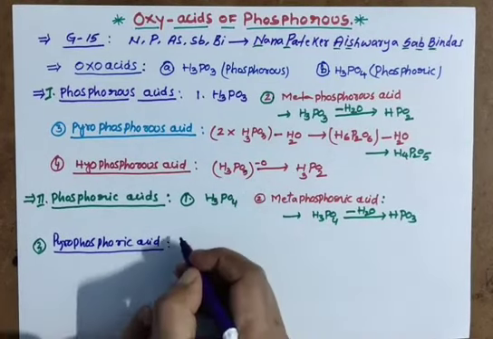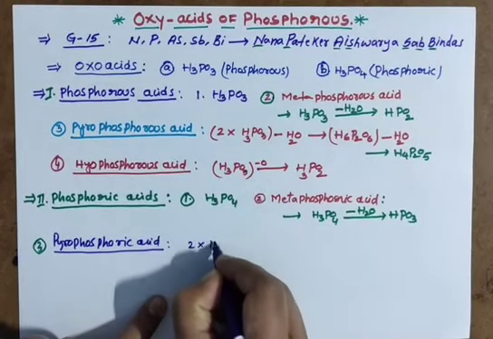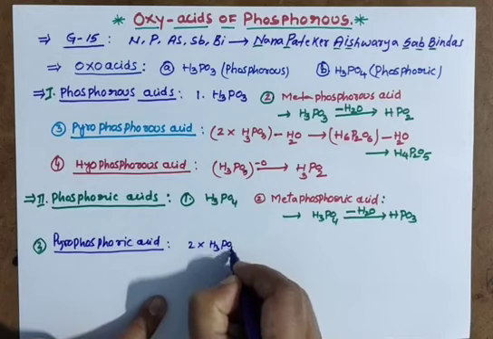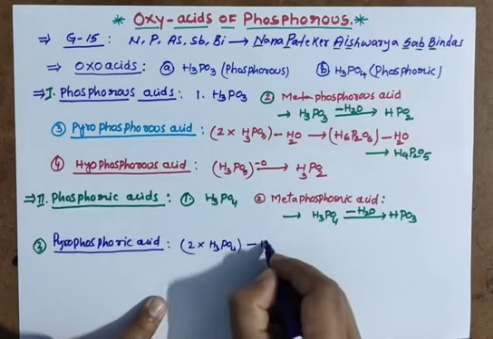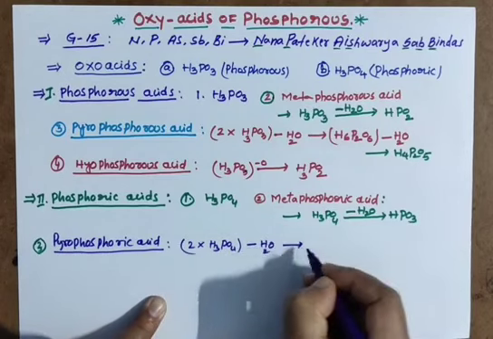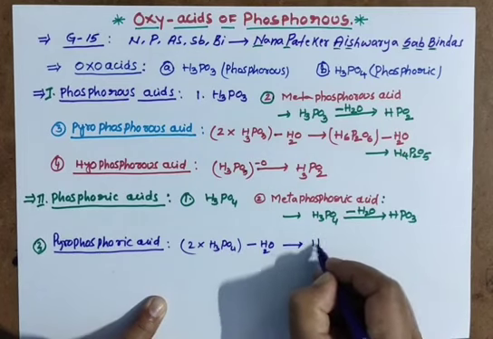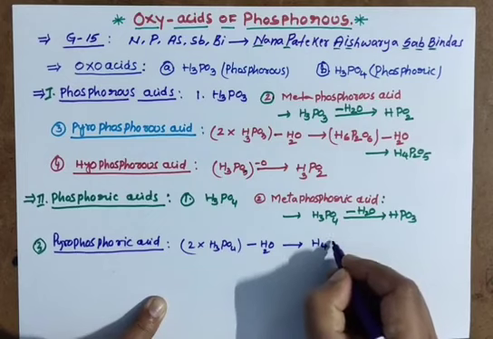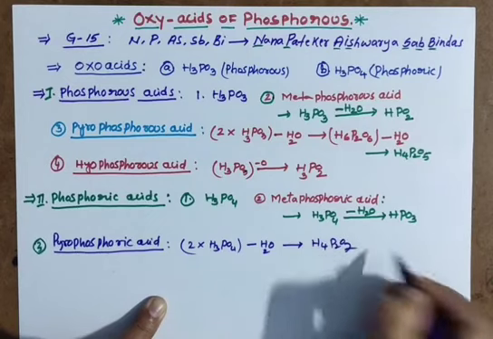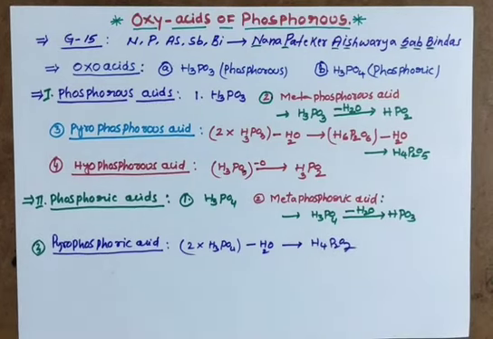Same you do. 2 into H3PO4 minus water molecule, then you get H4P2O7. This is pyro. Very easy, na?